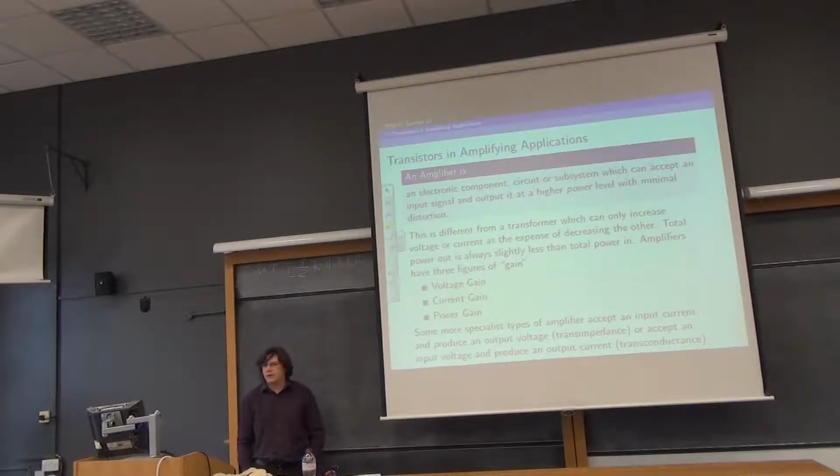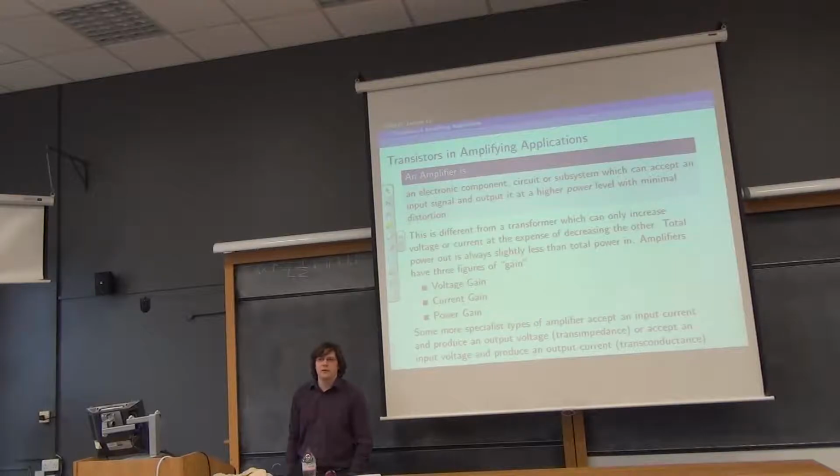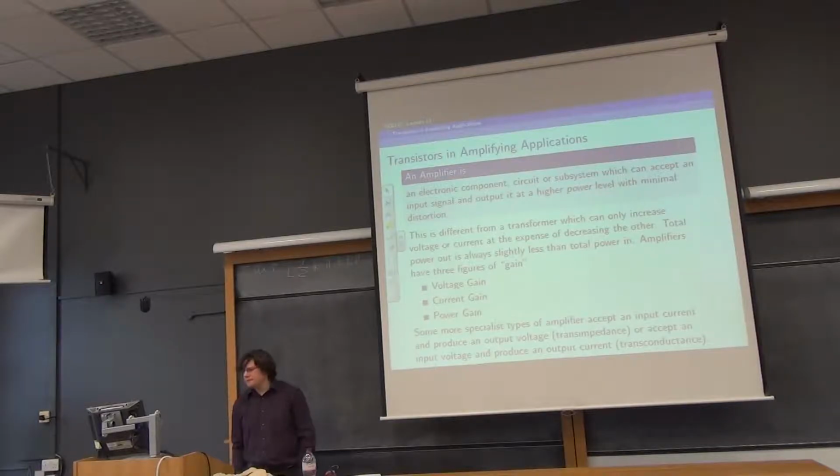With the transformer, if you put in a certain voltage and you have a certain ratio of voltages between input and output, say it's a half, so you put in 10 volts, you get out 5. If the circuitry that you're loading your transformer with draws an amp, you'll be putting in half an amp in order that the total power going in should equal the total power going out, with the exception of some small losses which I haven't considered.